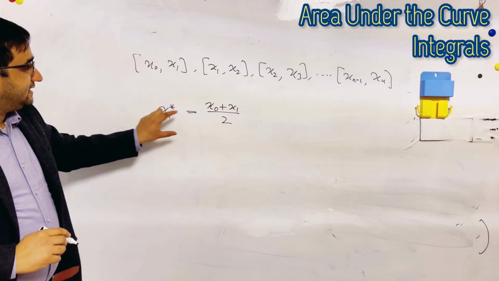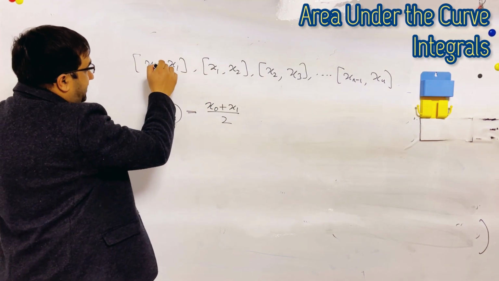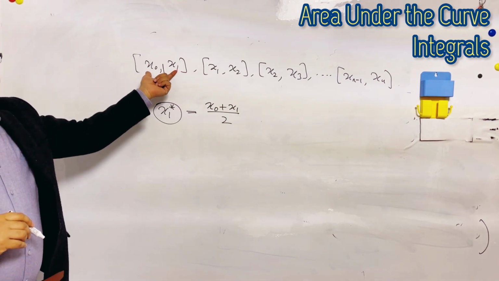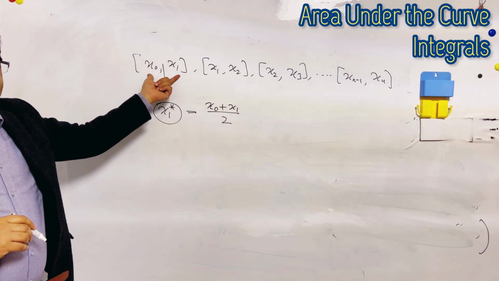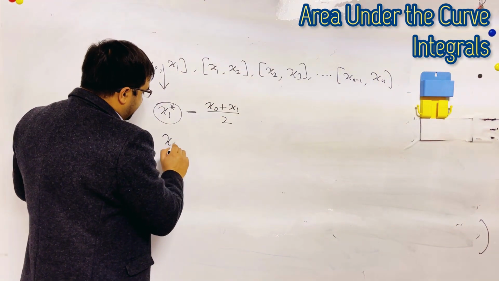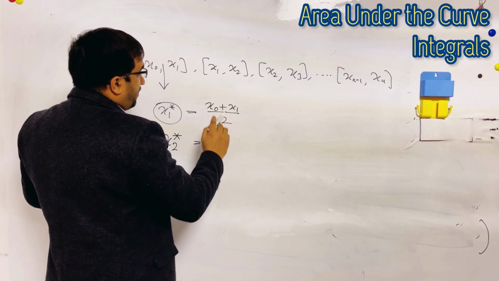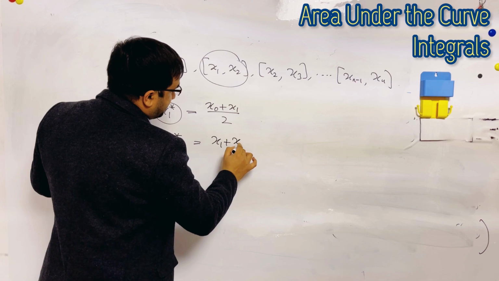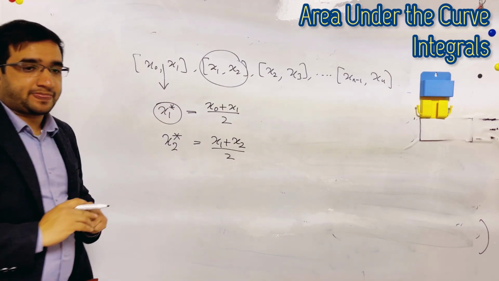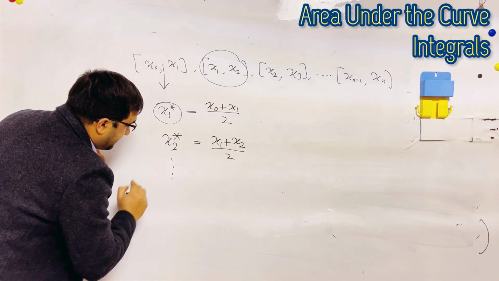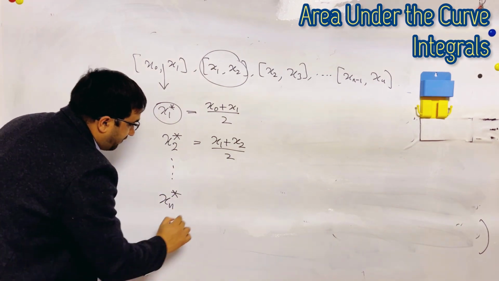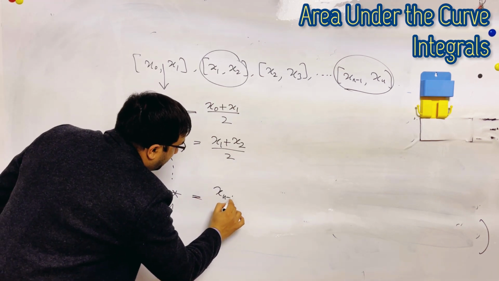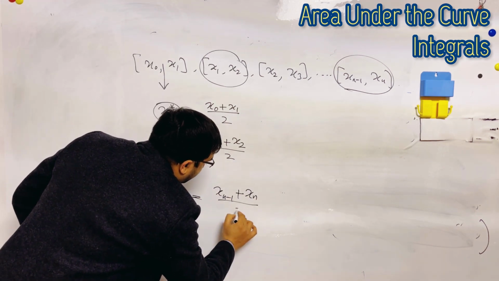Then this is the point somewhere in between them. Of course, this will give me a better answer. Similarly, x2 star is the point in the middle of these two, so it is x1 plus x2 divided by 2. Similarly, xn star is the point in the middle of these two, that is xn minus 1 plus xn divided by 2.